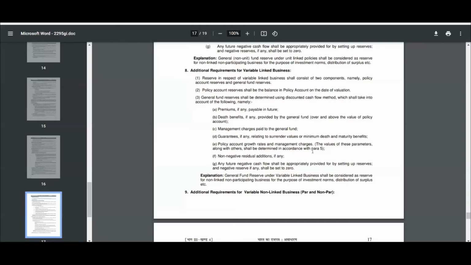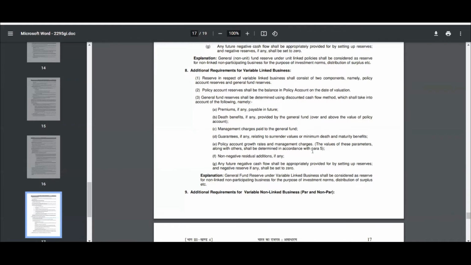Then management charges, that is flowing from the policy account growth, any guaranteed maturity or surrender value, and any non-negative residual additions. Any future negative cash flow would be appropriately reserved for, and negative reserves would be zeroized, which is similar to the way the non-unit fund is calculated.